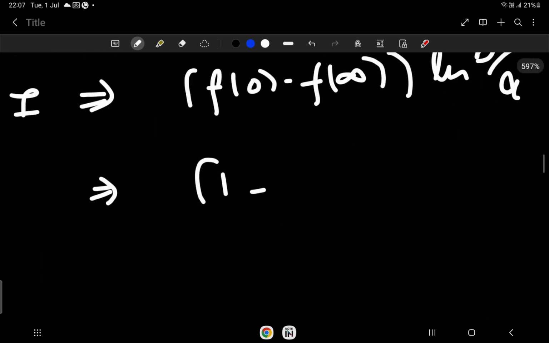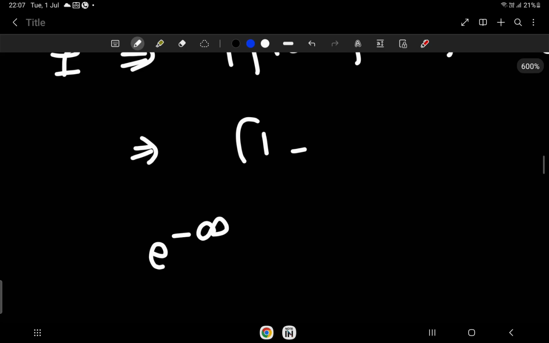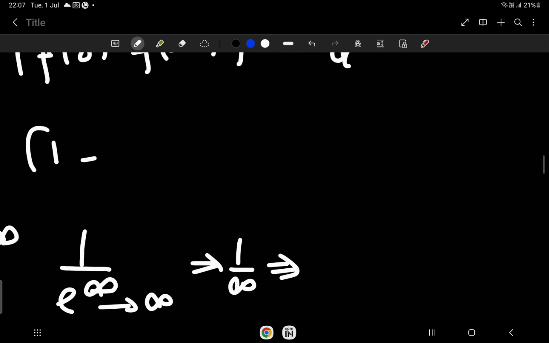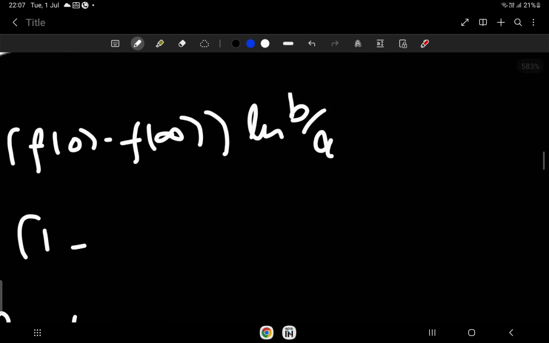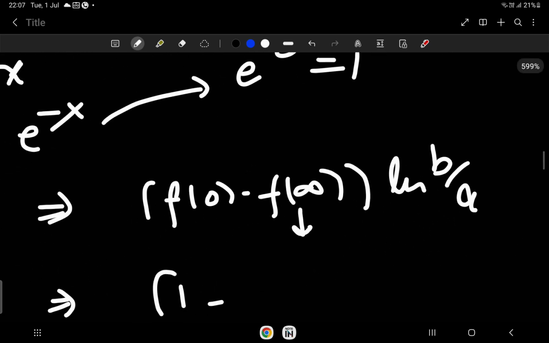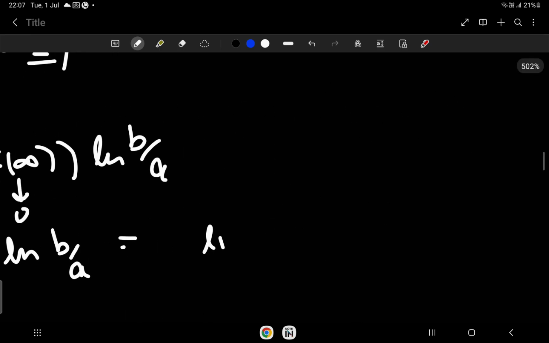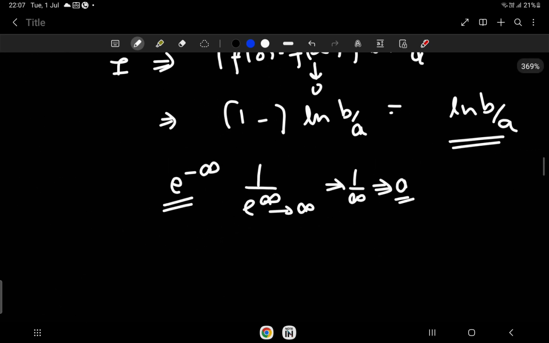And f of infinity: e to the power of minus infinity is 1 by e to the power infinity, which is 1 by infinity, and this tends to 0. So f of infinity is 0, and the answer is simply ln b by a.